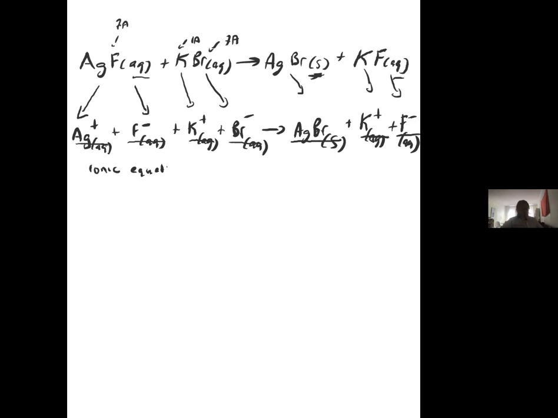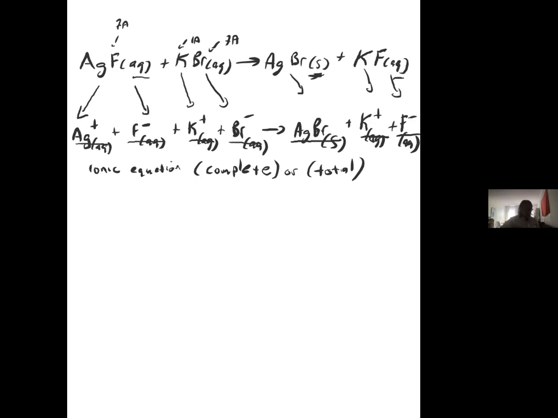By the way, if you're Googling this, sometimes people call it the complete ionic, or they'll call it the total ionic, right? Like all the ions that are in this reaction. To get to the net ionic equation, you just cancel everything that's exactly the same on both sides, meaning same symbol, same charge, same state of matter, okay?